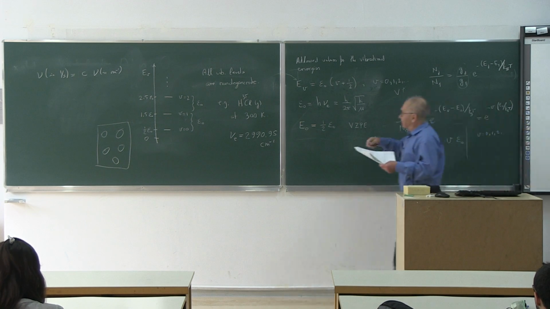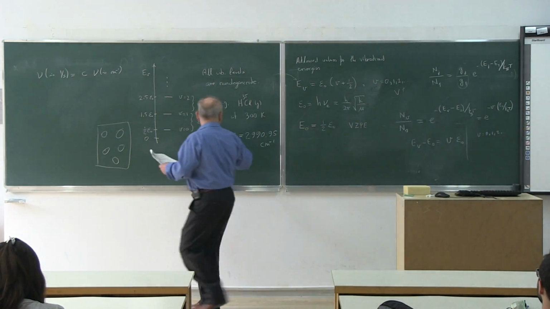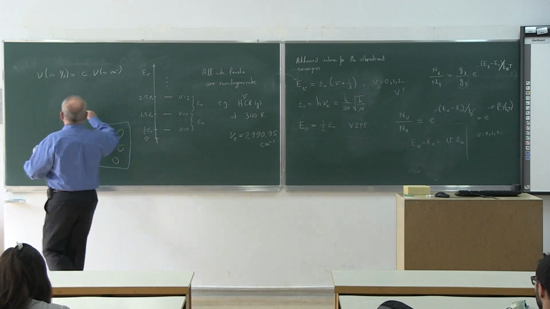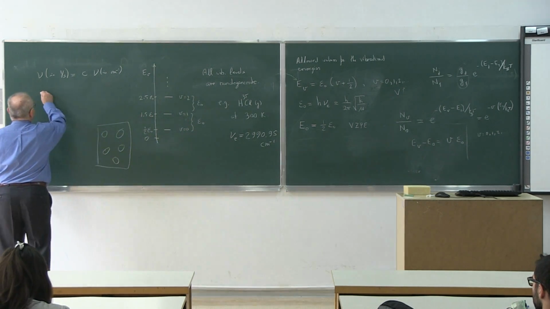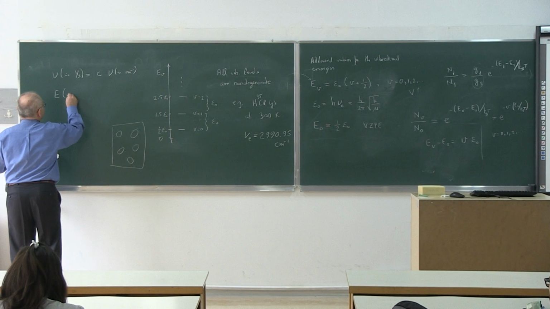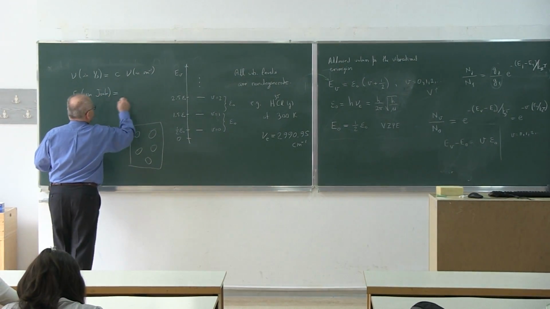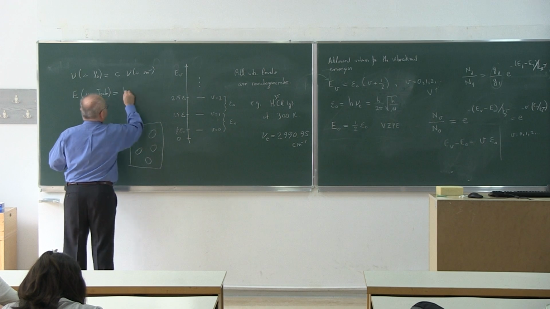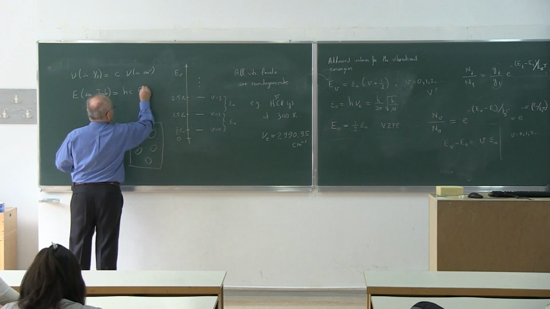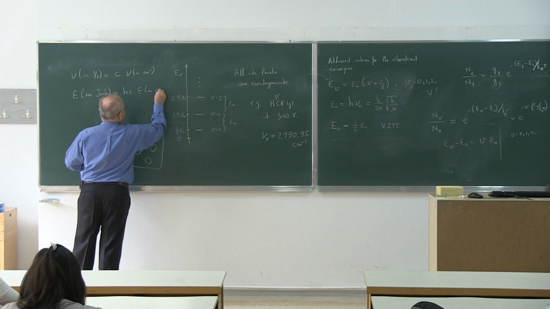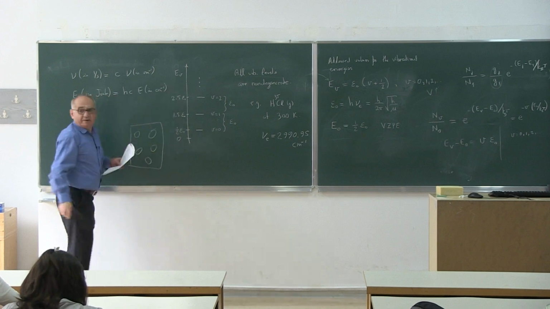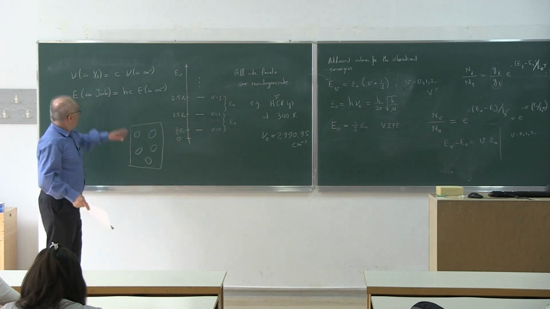But instead of doing this, you may remember that E in joule is given by H times C times E in wave number unit.